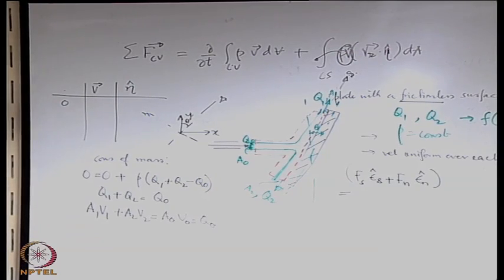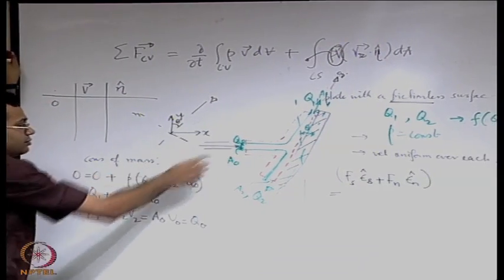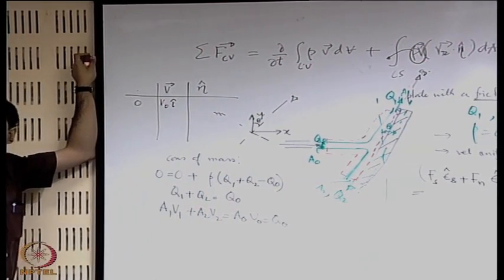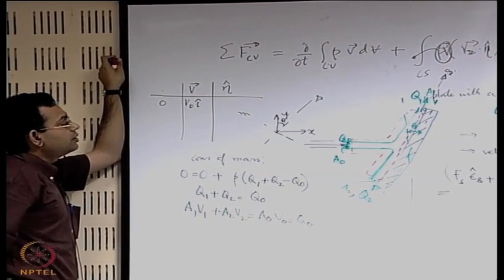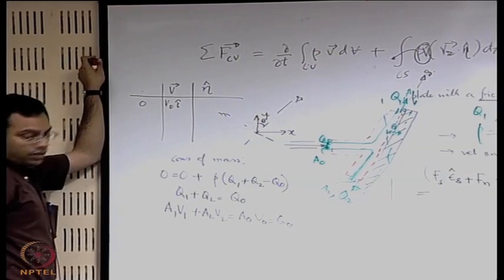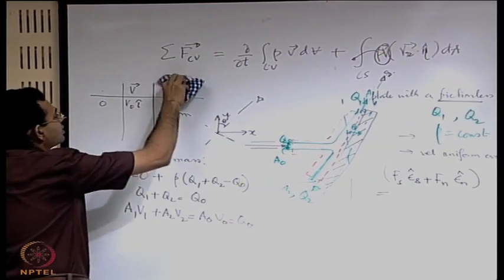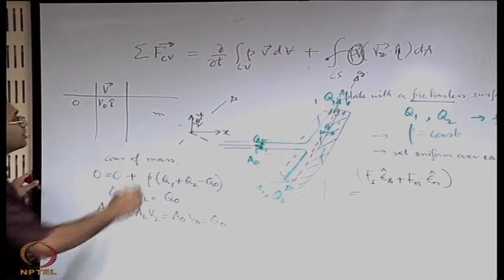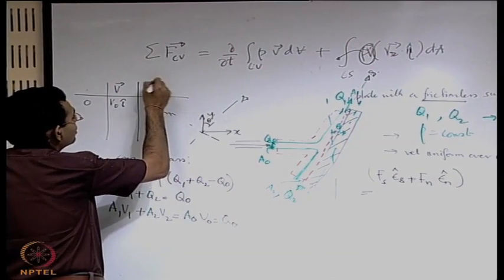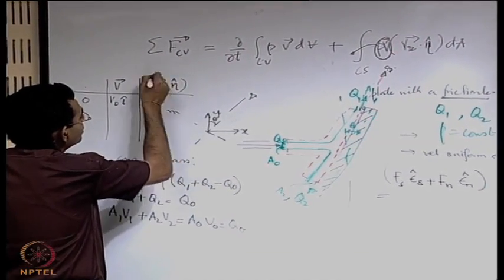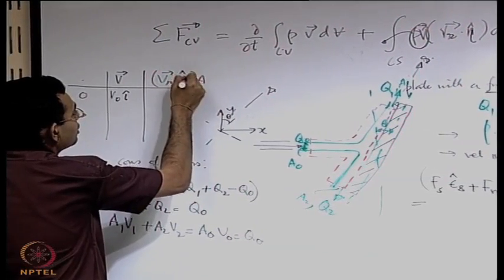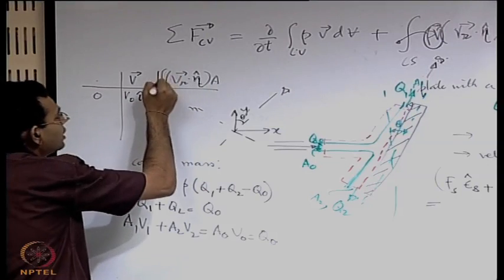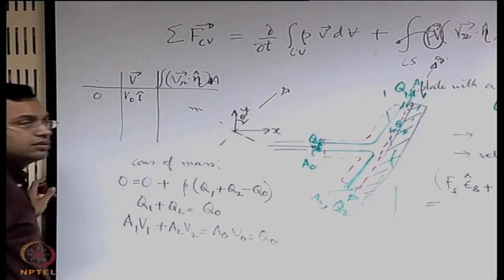Now what is V for this one? V is say V naught i cap. Maybe instead of writing this normal vector, let us write what is V dot n A, or more fundamentally the integral of V dot n dA.